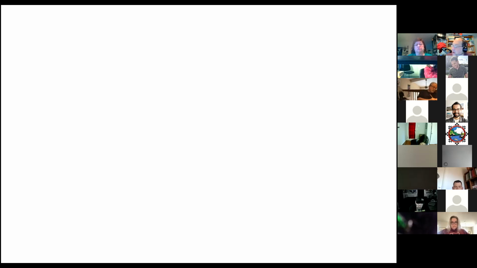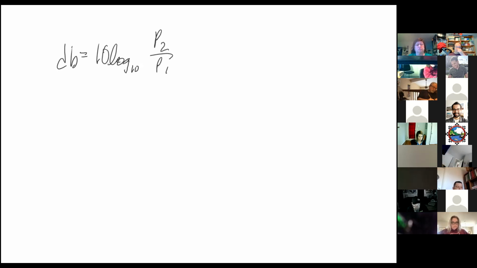And the easy way to write it, what we're going to do is now use decibels instead of bells. We're going to use decibels equal to 10 log base 10 of power 2 divided by power 1. This basically gives you a way to represent what the change is between one thing and another.